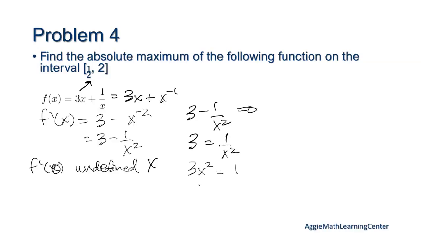Or x squared is equal to 1/3. X is equal to plus or minus the square root of 1/3. Is that what you guys got? Did I make a mistake?